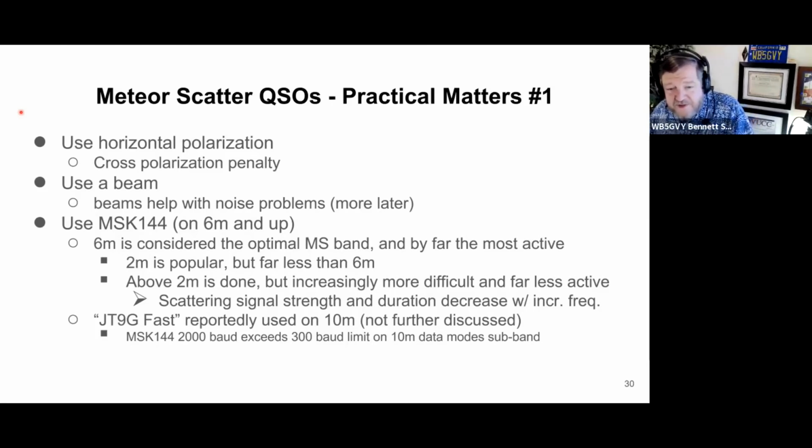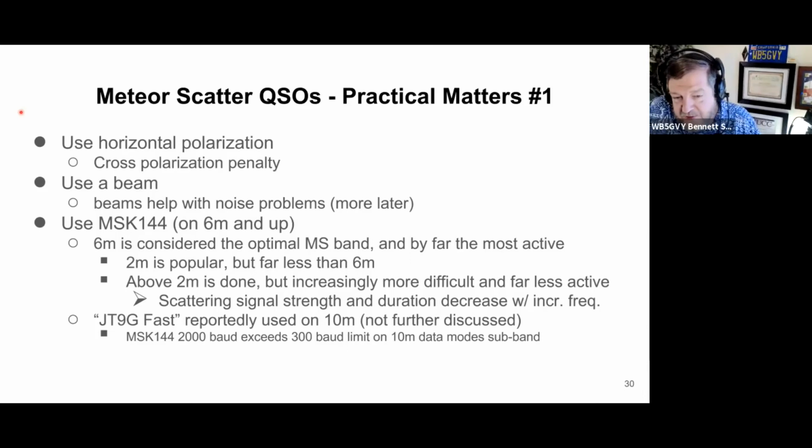And the reason for this is that the signal strength of the refracted radio wave decreases, and the duration of the length of the ionization trail decreases with increasing frequency.